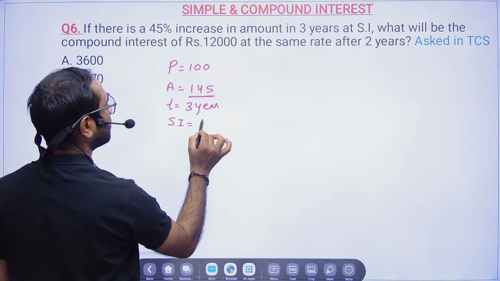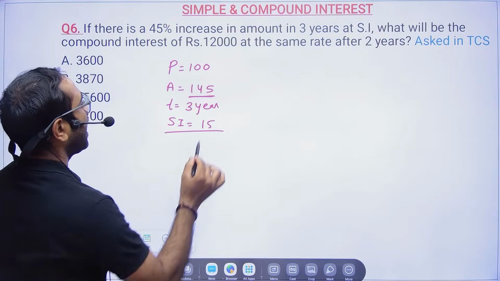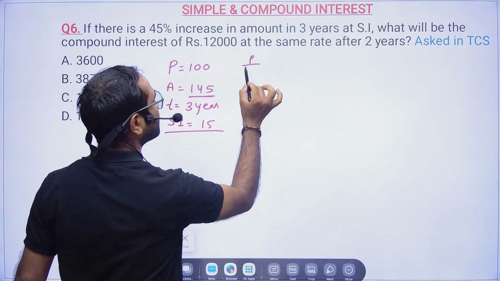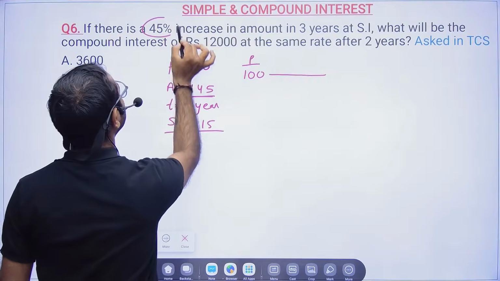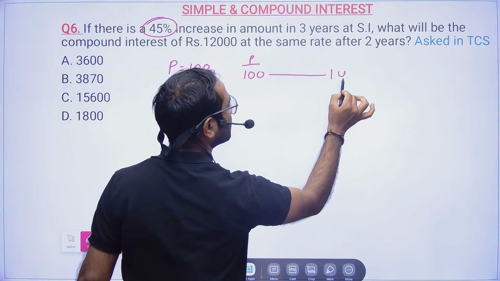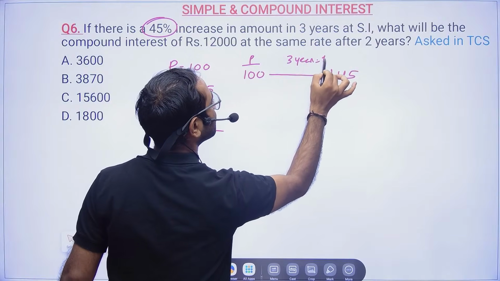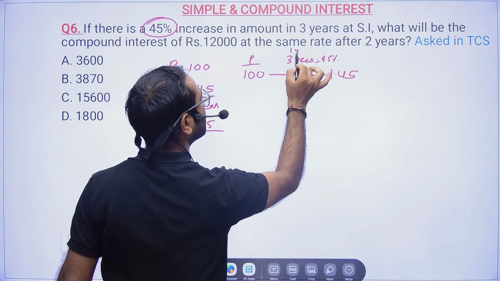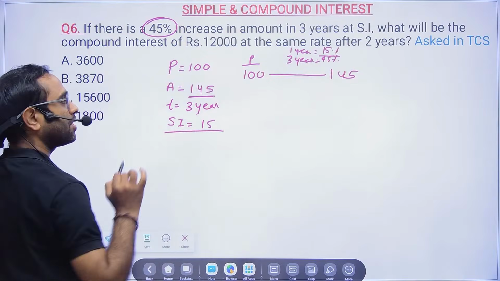So for 1 year it will be 15 rupees. I assumed my principal is 100 rupees, and in 3 years it is increased by 45%, so per year the increment will be 15%. So my simple interest is 15.